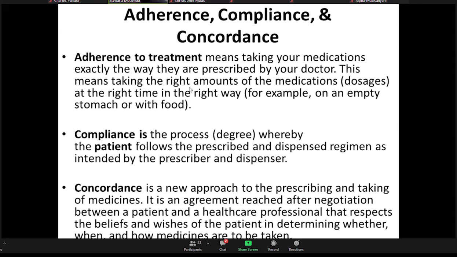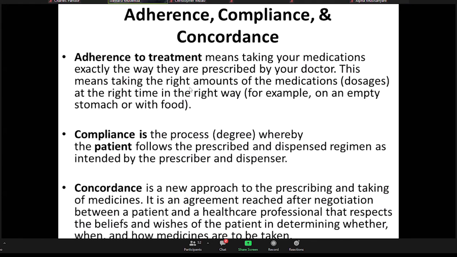But after that, you follow up and see, did this patient take the medication? More especially TB drugs. Did they take them the way they are supposed to? Did they finish the course? Then you measure the level of compliance. Is it 25%? Is it 95%? And so on.